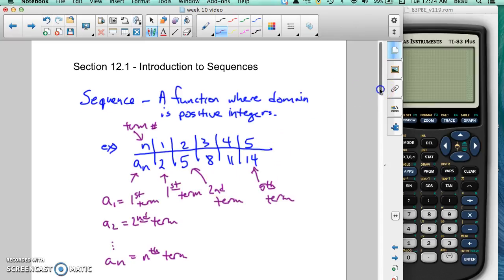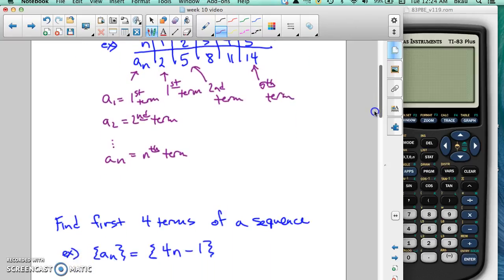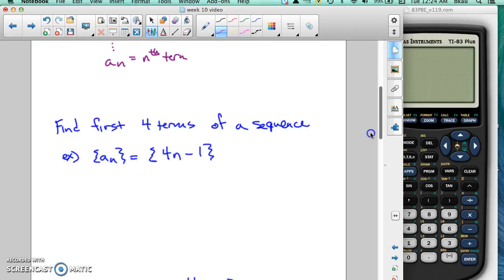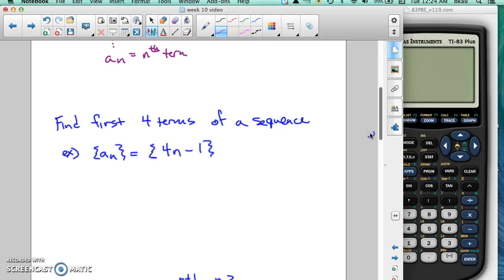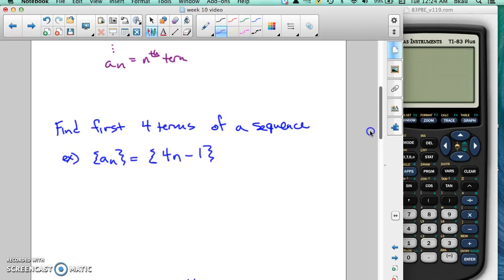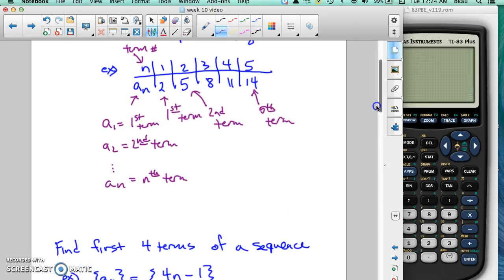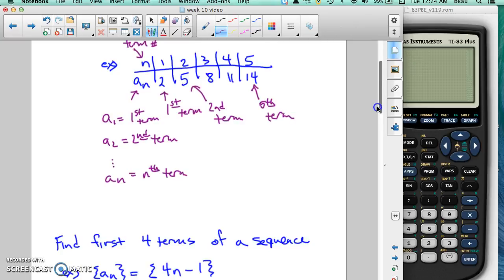Alright, the other thing you need to know about a sequence is you're going to be asked to find the first 4 terms of a sequence. Now this sequence up here has some kind of rule that we write.